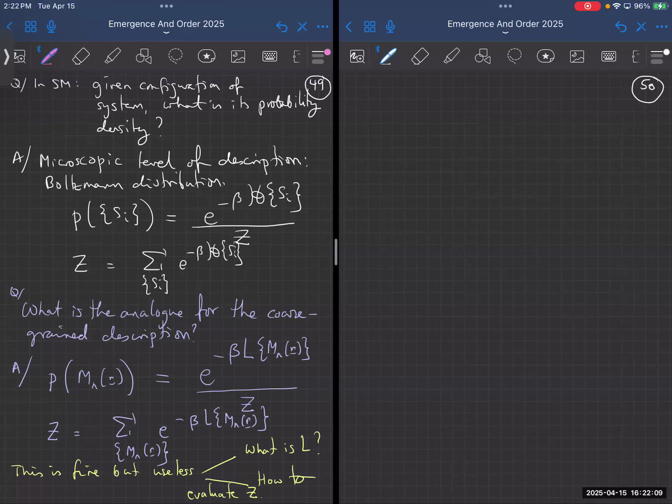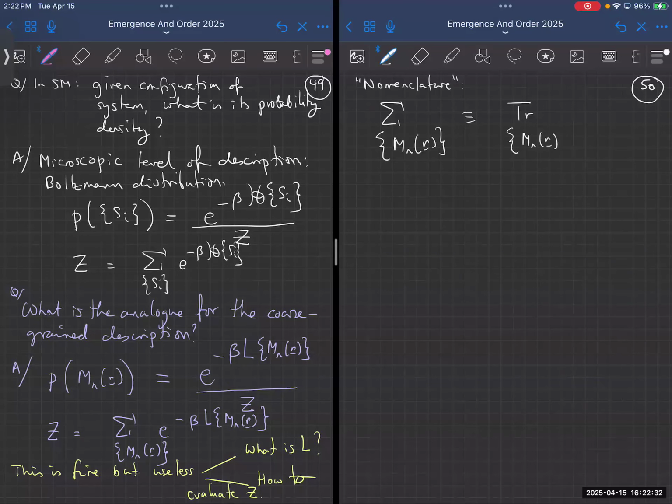First of all, let me give you some nomenclature. When I write this down, what this means is the trace over m lambda of r. And what trace means is a sum over all possible degrees of freedom. In this particular case, m lambda of r is a continuous function.